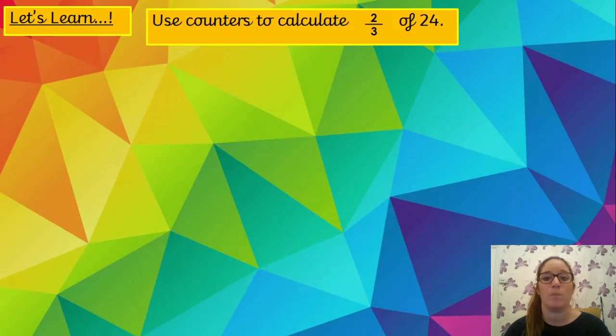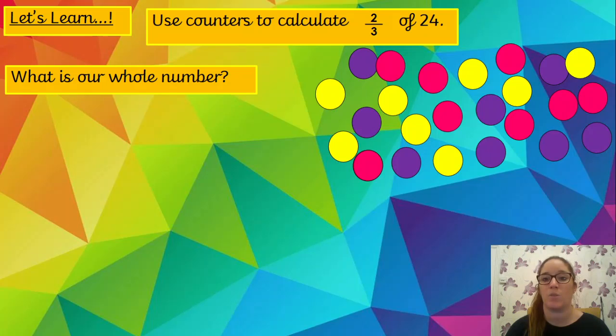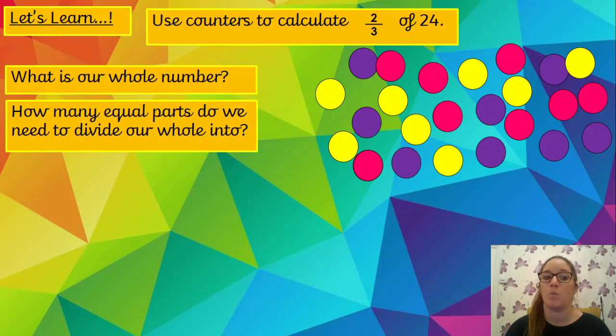Try this one with me with your counters or your pieces of paper or pasta, whatever you have. Let's calculate 2/3 of 24. So what is our whole number? We know it's 24, so I've got 24 counters. How many equal parts do we need to divide our whole into?